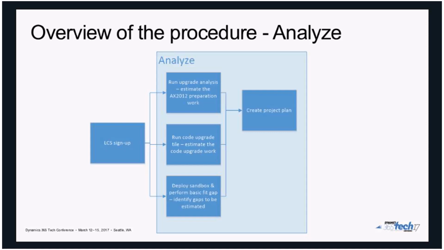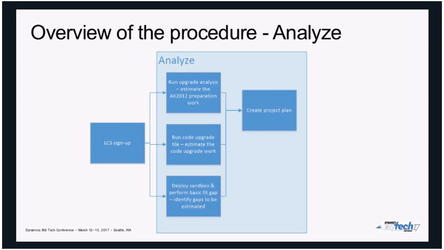Now guys, if you've seen this, there is a special tile called LCS code upgrade. It has two purposes. One of them, if you mark a special checkbox called estimate only, it's going to create just the estimate. It's going to provide you with an Excel spreadsheet that will have all the basic metrics of your existing 2012 code base, as well as analysis of how complex it is going to be to upgrade to the next version.